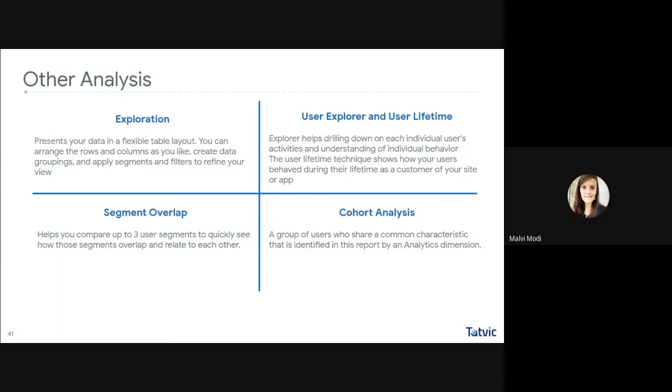For example, we can use it for finding the intersection of the new users, mobile traffic, and the converter segment. This will help us have a segment or a condition where all three intersect, at which point of time, and how many audiences are falling there. User Explorer reports help in understanding individual behavior.